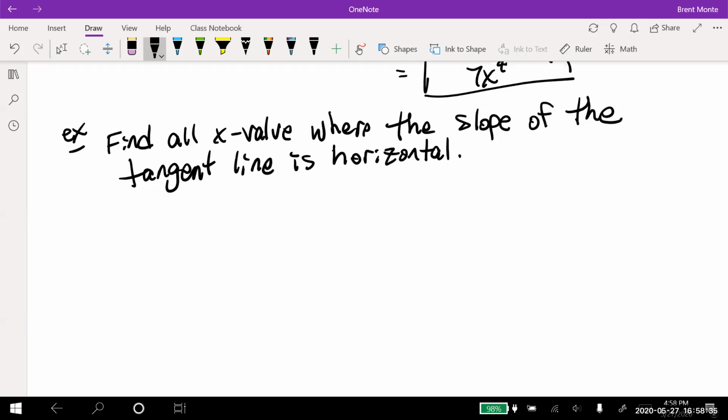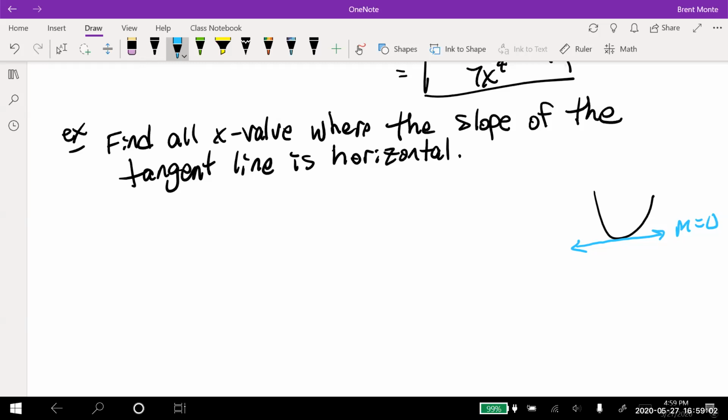Now think what that means. Say I've got a curve that looks like this. It's a parabola. The only point where the tangent line is horizontal is going to be right down here, right at the bottom, right at the vertex. A horizontal line has a slope of 0. What does that have to do with the slope of the tangent line?